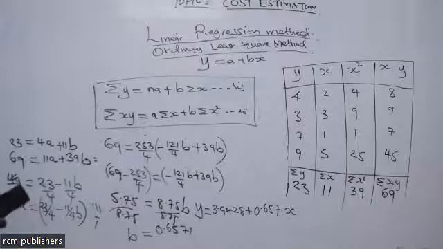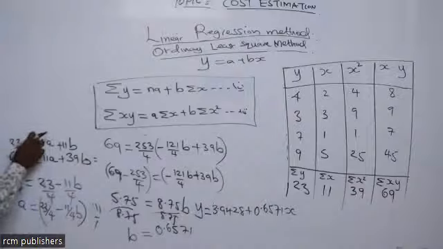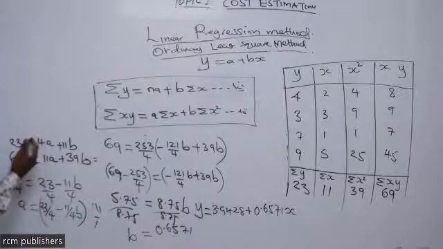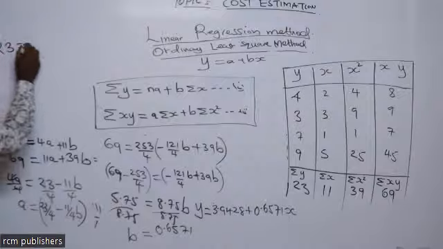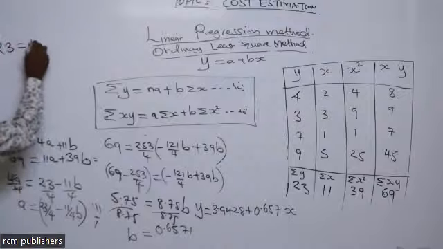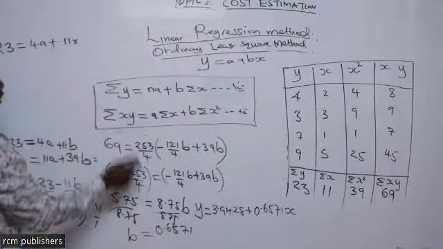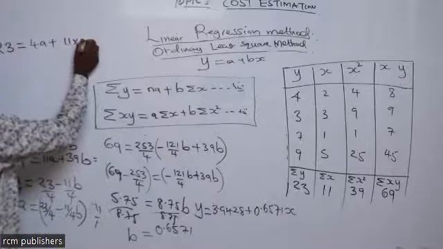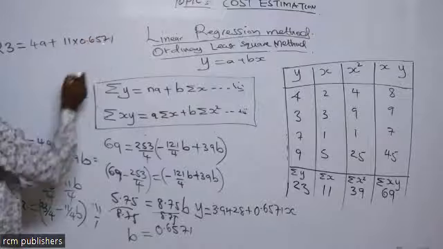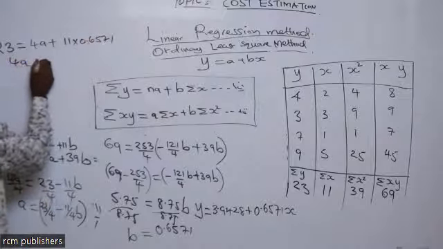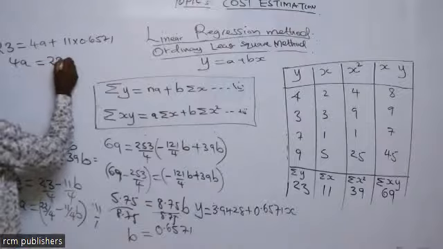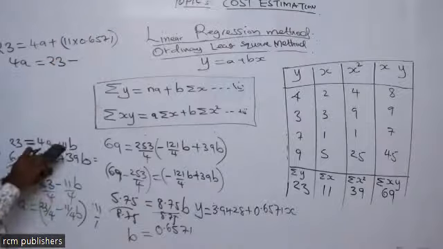Okay. Back to your questions which you end up here. Either this or this. Just pick one of them. I come to pick the first one. 23 is equal to 4A plus 11B. 11 multiplied by B, which I have calculated there. So my 4A will be equal to 23 minus this one here.